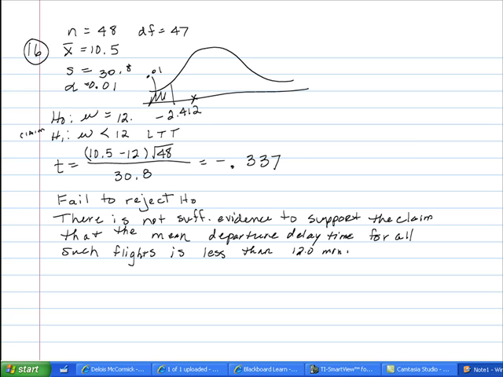And for the p-value, I'm getting 0.3688. So certainly that is greater than our alpha. So again, it would lead us to fail to reject. And let me double check here and make sure I got the right p-value. Okay, they have 0.3687. So close enough for what we need here.